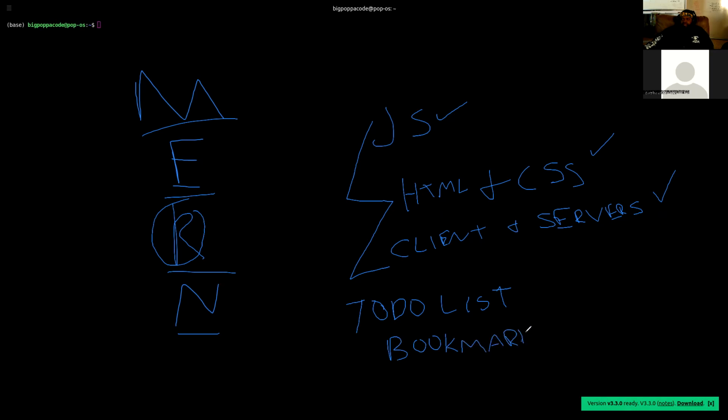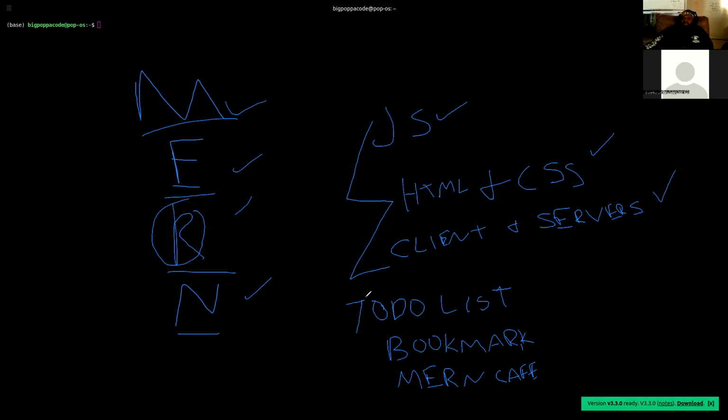We are also then going to build an application called the MERN Cafe, which is going to let us use what we learn in to-do lists and bookmarks in order to build a larger application that makes use of more advanced features of MongoDB, Express, React, and Node, right? So that is going to be our goal.